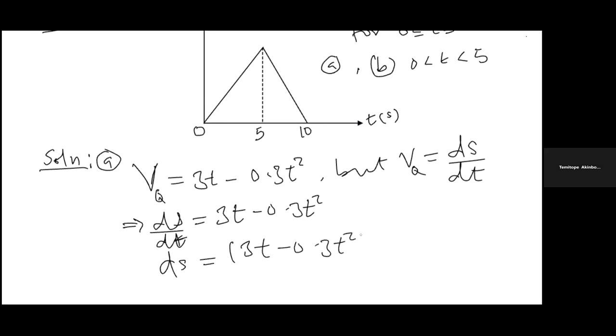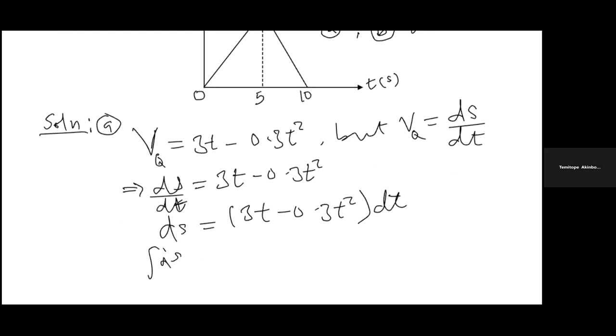So integrate both sides. Integral of ds equals integral of (3t minus 0.3t squared) dt.